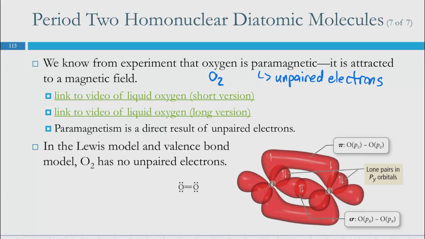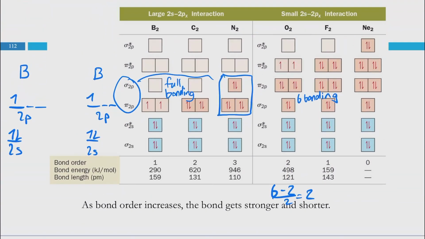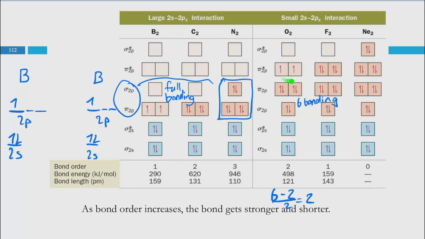This is not an expected result from our Lewis model. In our Lewis model, all of the electrons are paired. We've got lone pairs, and we've got our double bonds. However, if we look at our MO diagram, we've got unpaired electrons in O2, which corresponds with it being paramagnetic.